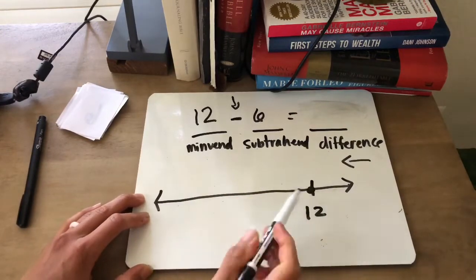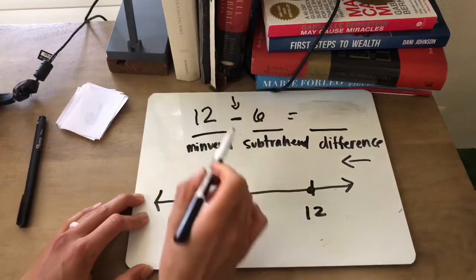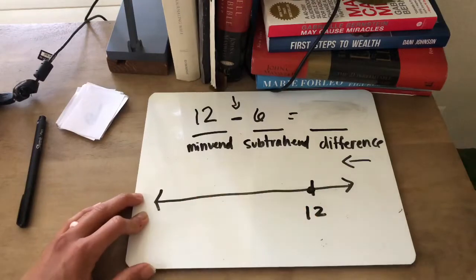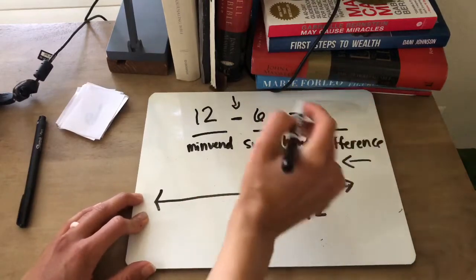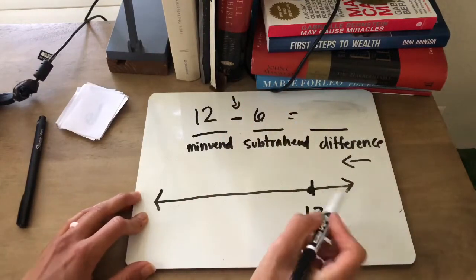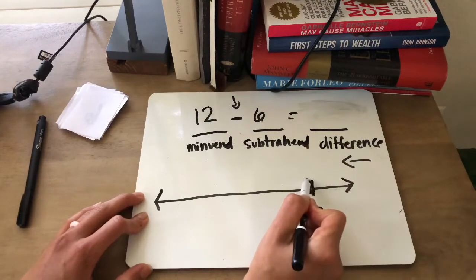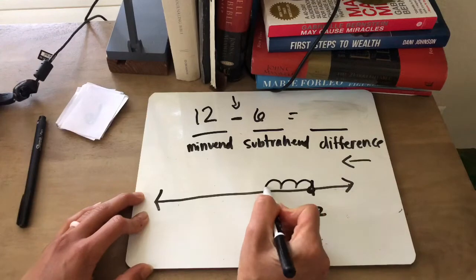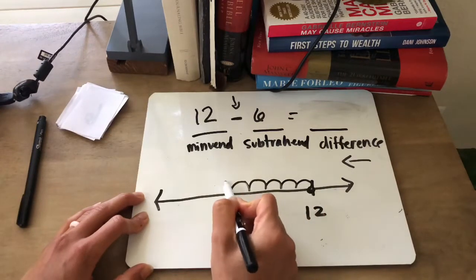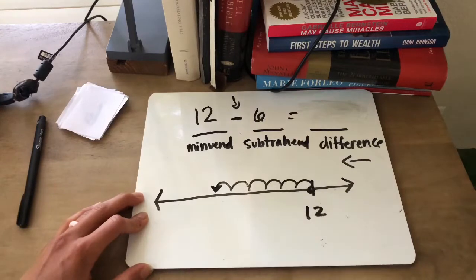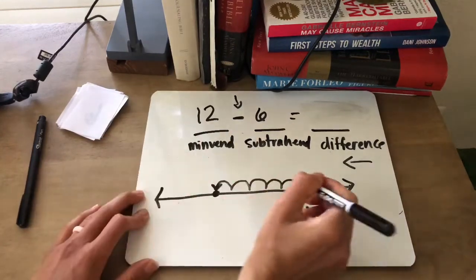So this is why I'm going to start on my right side, and I'm going to subtract 6. I'm going to take away 6, so I can do it this way. 12 and 1, 2, 3, 4, 5, 6. Now I'm going to place my arrow there to show that I was subtracting, and I'm going to place my second point, and now I can just add my numbers.